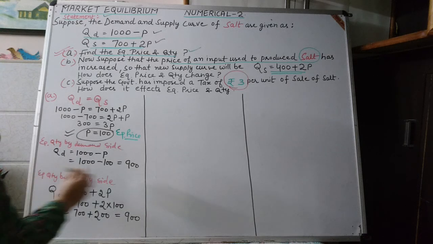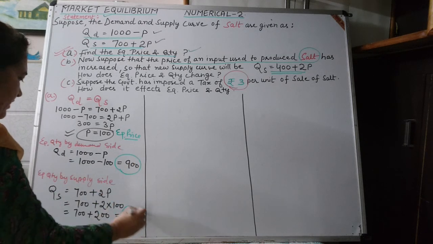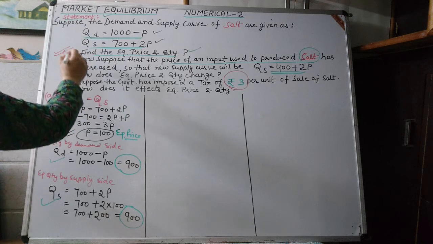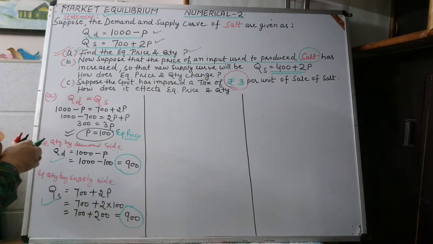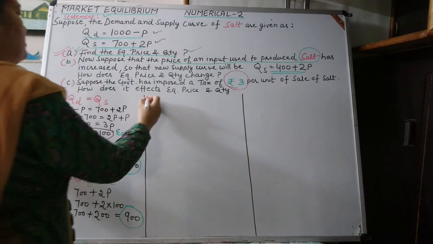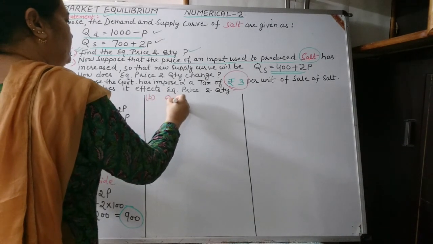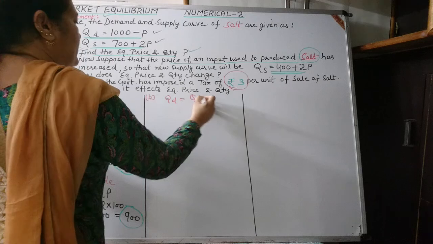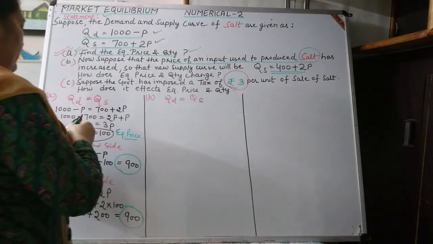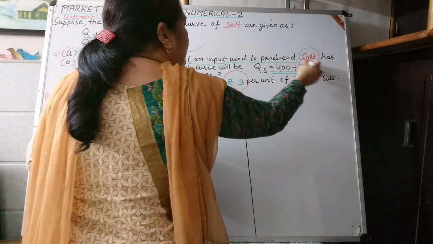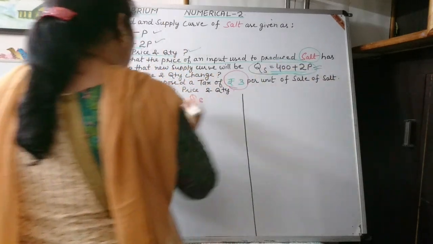So the quantity demanded and quantity supplied are both equal. We have covered the first portion of the numerical. Next, for the second aspect, again QD is equal to QS. Now we have to take quantity supplied as this equation.